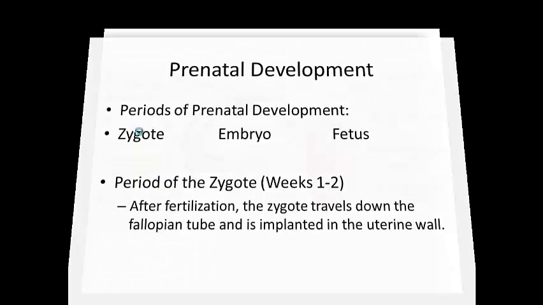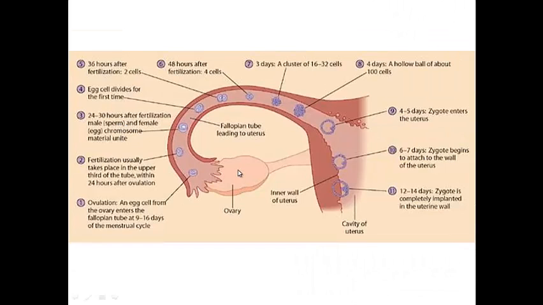And I have a picture here to show you how. You can see here we have an ovary, and once a month, as you know, approximately, a female will release an egg from the ovary, and that egg will be ready to be fertilized.